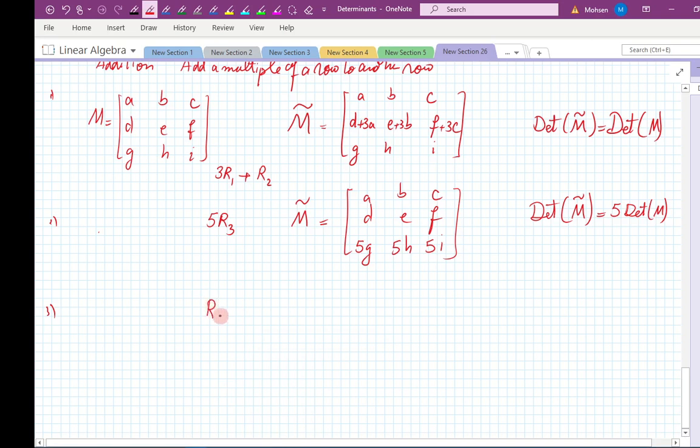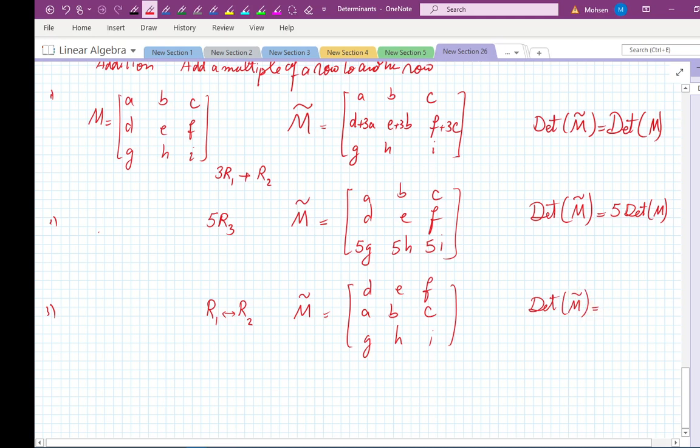Suppose I exchange row 1 with some other row, which is M tilde again. So row 1 comes into the position of row 2, and row 2 goes into the position of row 1, and we are allowed only one operation of this type. So the question is, what happens to the determinant of this one?